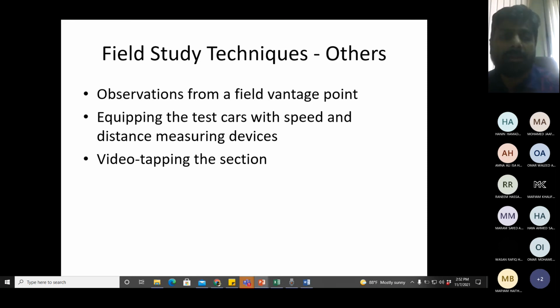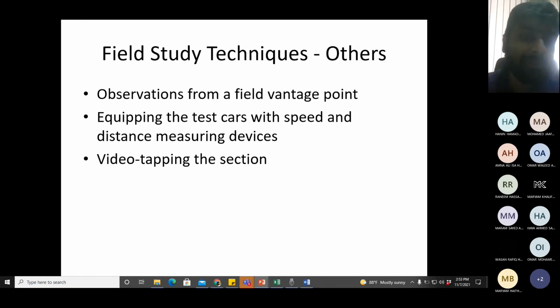Or you can use it from a vantage point. So you have one camera which is recording the whole segment in one video, and you later on find out the travel time of each vehicle from the video. Okay, so this is videotaping, which is similar to the manual vantage point observation technique. Okay, so videotaping can work in different ways.